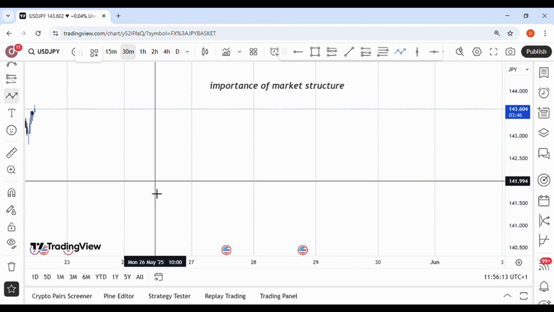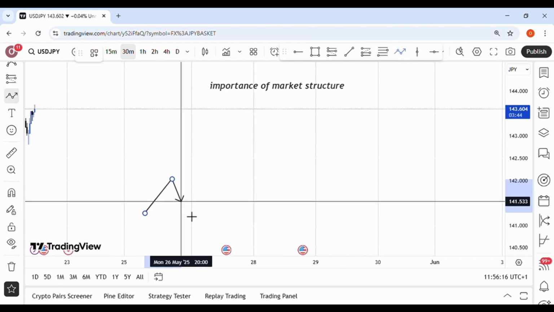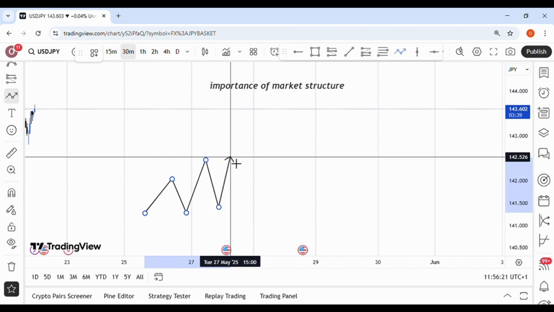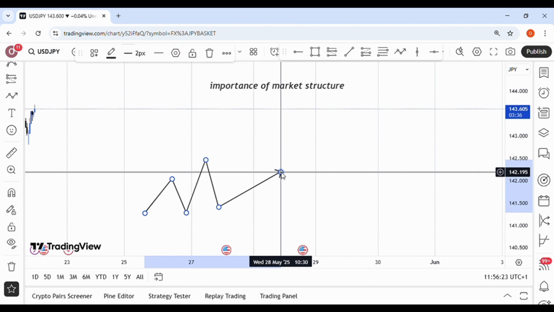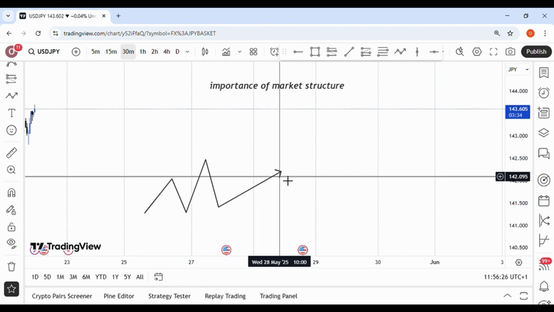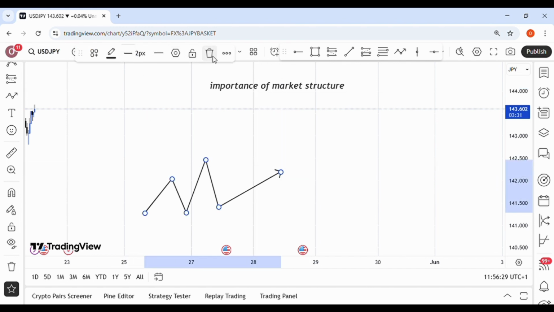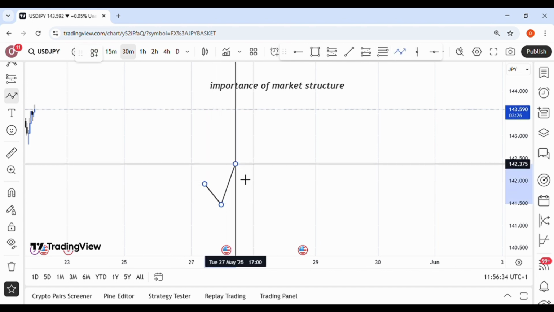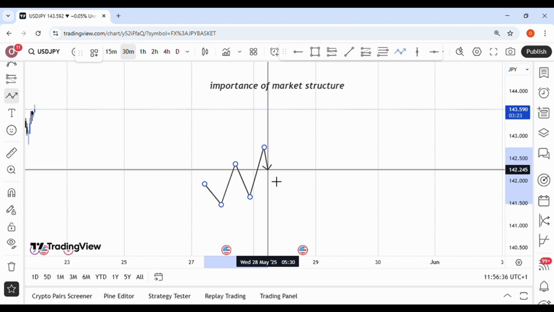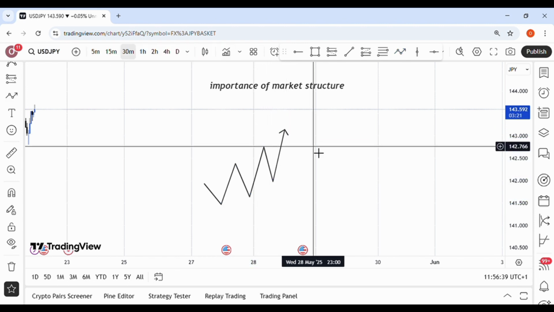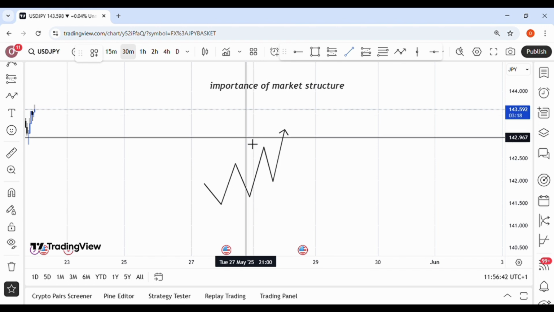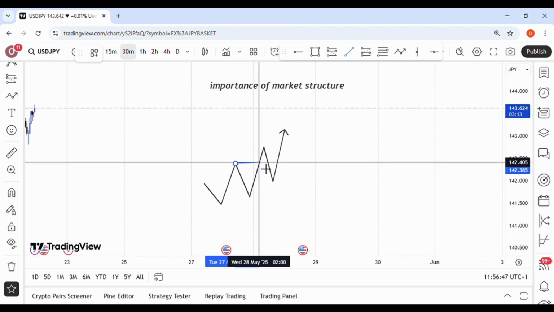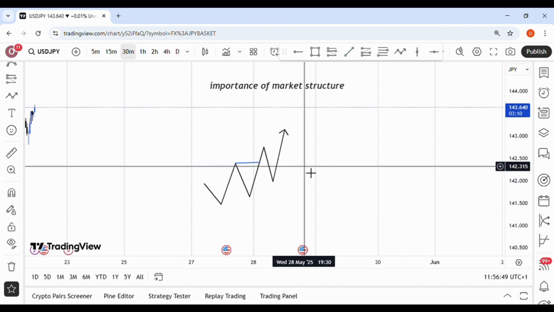If price is pushing to the upside, pushing to the upside, and we want to mark the break of structure in this particular place, we are using the highest wick for an uptrend, the highest wick, that is our break of structure, and the lowest for a downtrend.